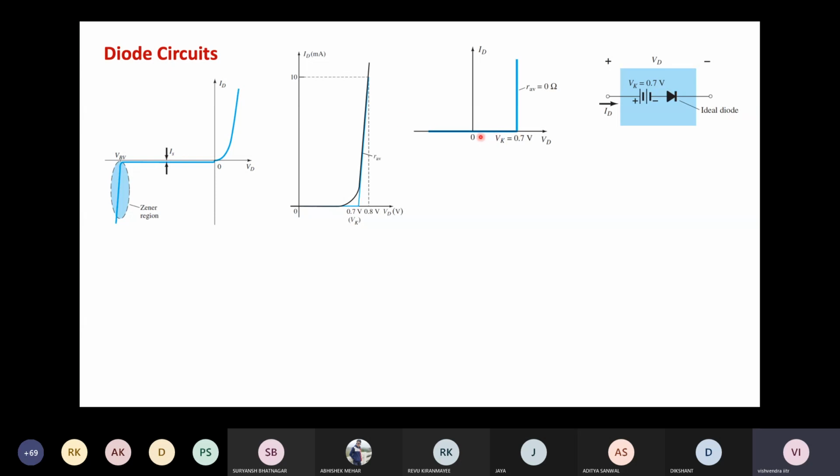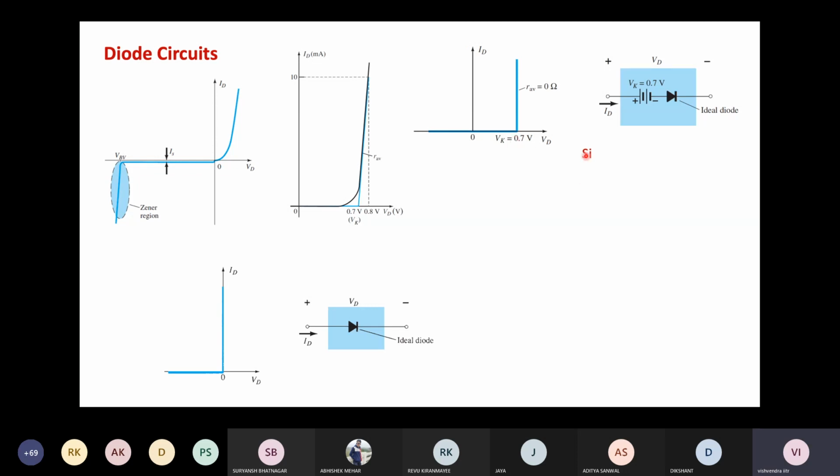There is no current flowing through the diode, whatever be the voltage applied. Okay. And as soon as the voltage reaches 0.7 volts, the diode is turned on and it behaves like a short circuit. Okay, so this is one of the most popularly used diode models in circuits.